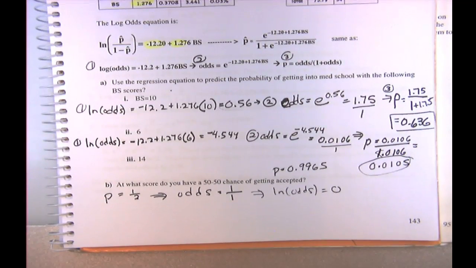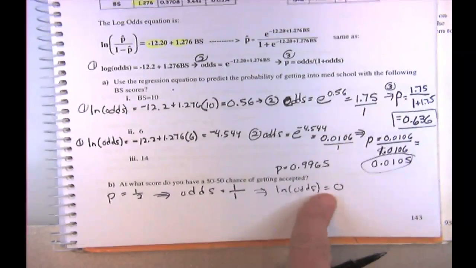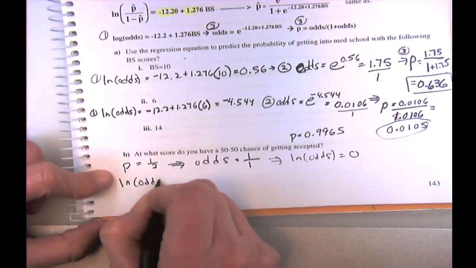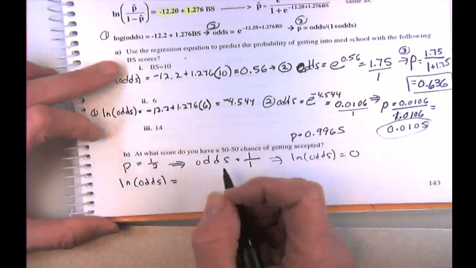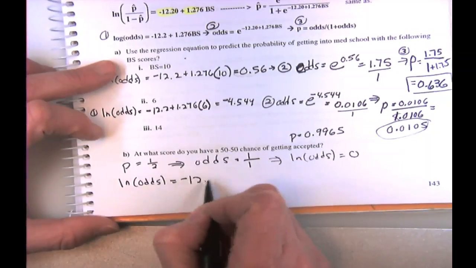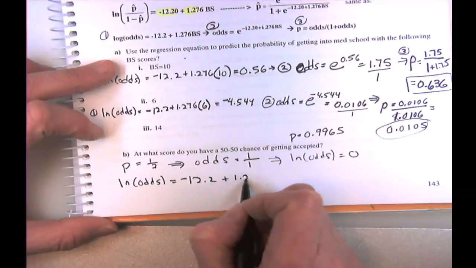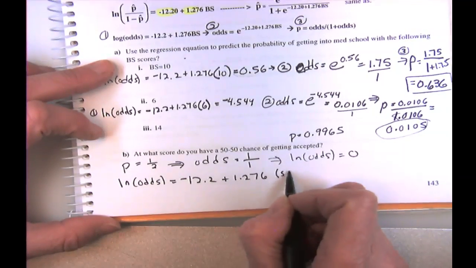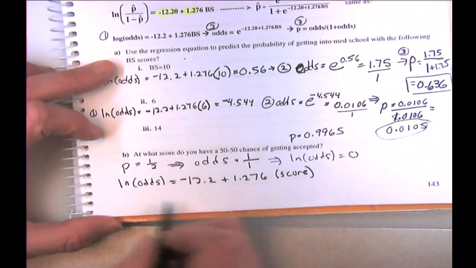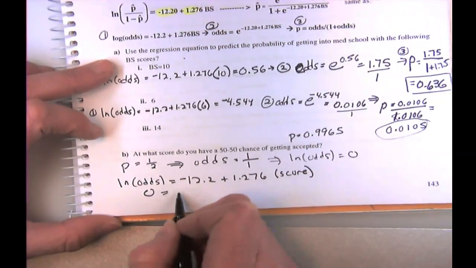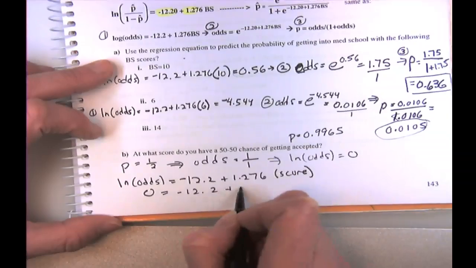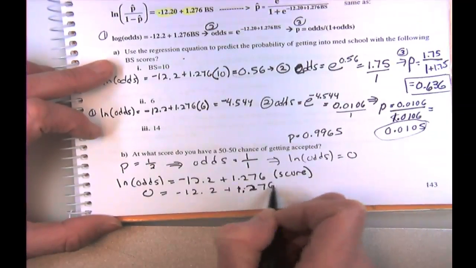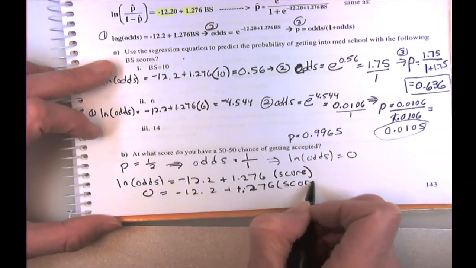All right, so now what score would give you the log odds of 0? Well, you have to go back to your equation. You want your log odds to equal 0, and your log odds are negative 12.2 plus 1.276 times your score. So 0 is equal to negative 12.2 plus 1.276 times your score.